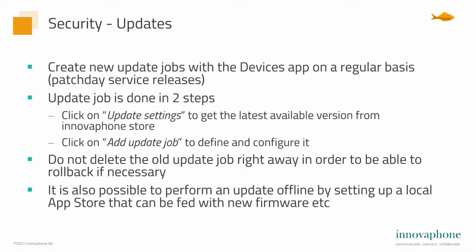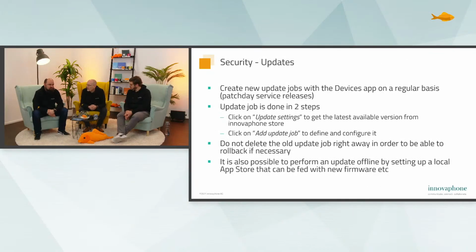I'm sometimes a little bit surprised when I do an editor session with a partner and I see, in the devices section where you can create an update job, there's only one update job there. Is that a good idea, Nico? Not always.